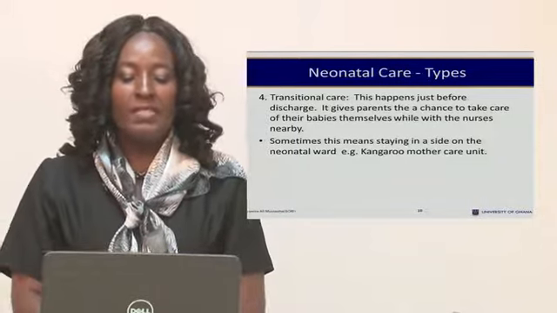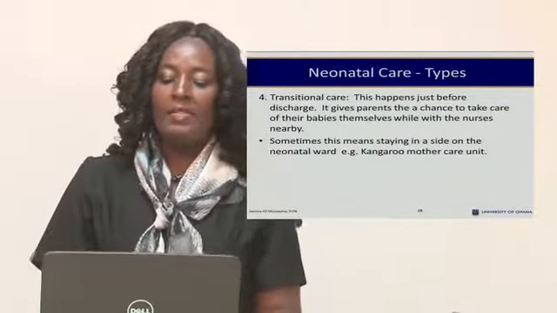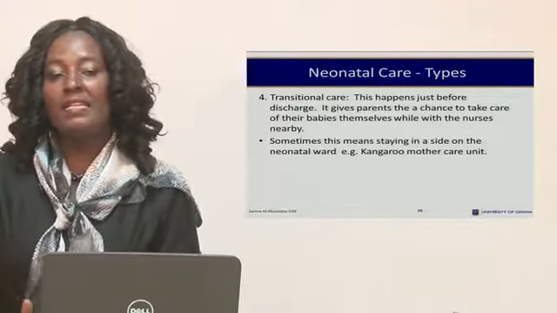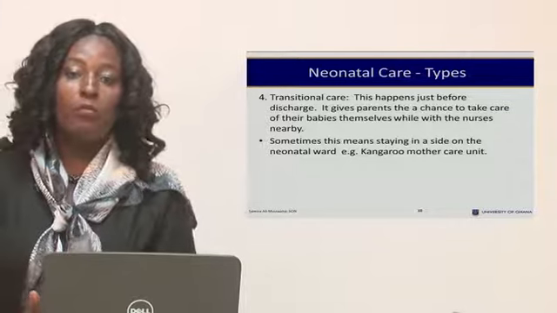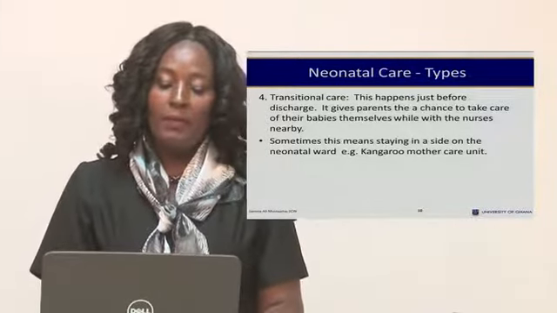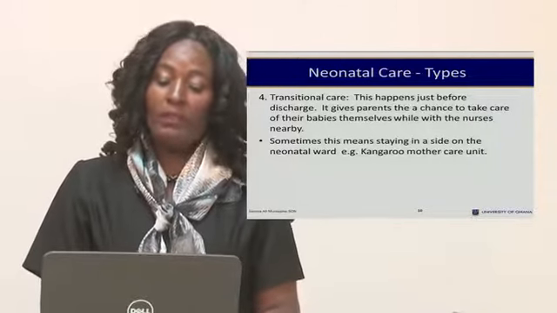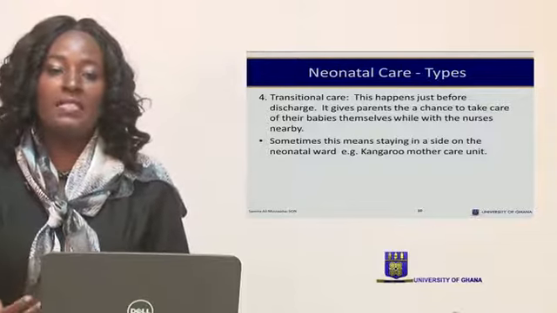We also have the transitional care. This happens just before discharge, and you may have to move the baby to a normal baby's unit. The baby is moved from the neonatal intensive care unit to maybe the ward where the baby is cared for, and the mother is also allowed to participate.